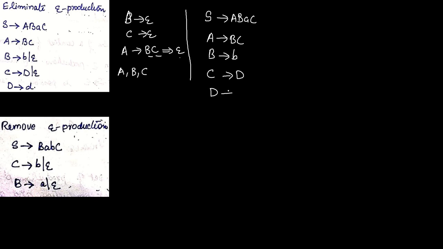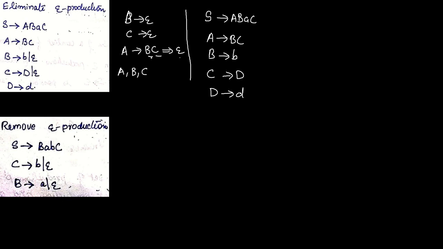So we call all the three as nullable variables, A, B and C. And what we have to do next is take down all the productions except the epsilon ones. Then A gives BC, B gives B, epsilon we won't repeat, then D gives D.